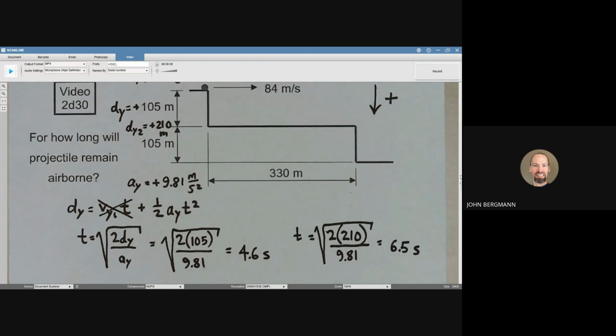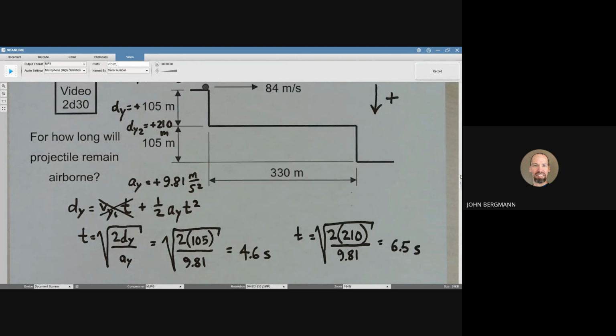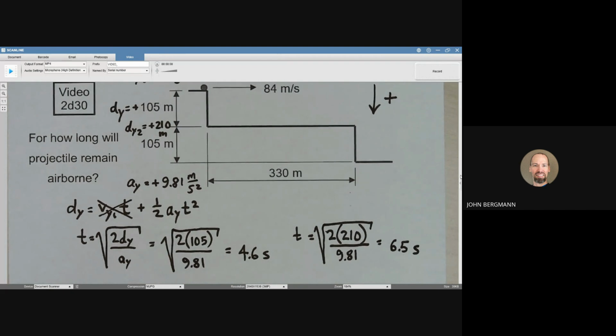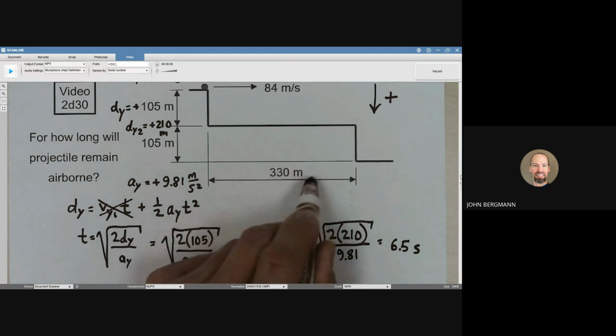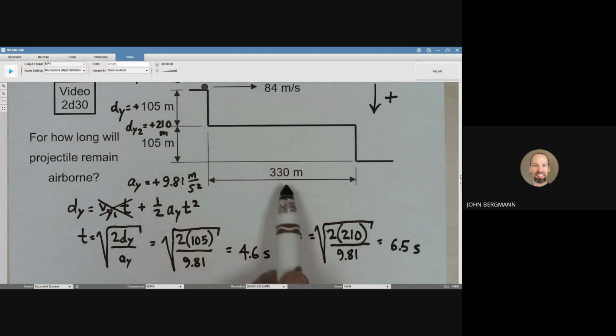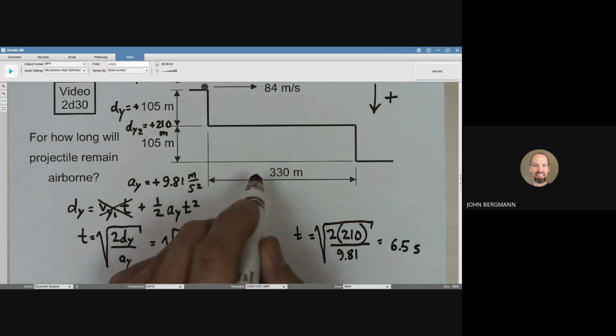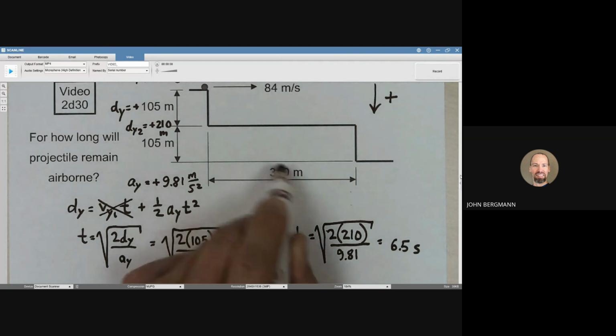Now the question is, which one is it? Well, we don't know yet. But why don't we take into account this 330? That is a dx, isn't it? Essentially, that is a dx.